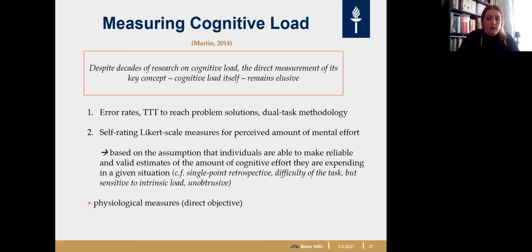But these are considered to be sensitive to intrinsic load measurement, and these are unobtrusive. Also, recent research has incorporated physiological measures, considered as a direct objective way of collecting data.